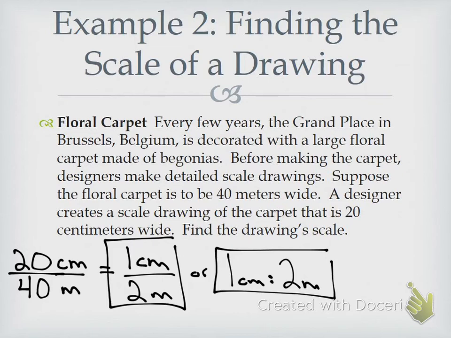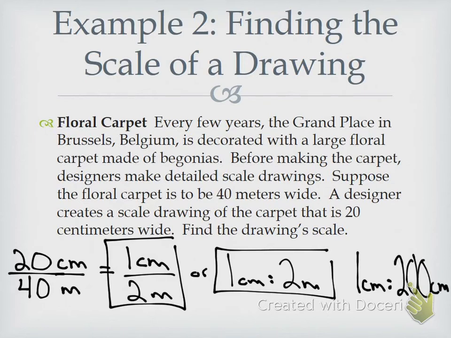How many centimeters are in a meter? 100. So if I wanted to write this without a unit, I would say 1 centimeter to how many centimeters are in 2 meters? To 200 centimeters.